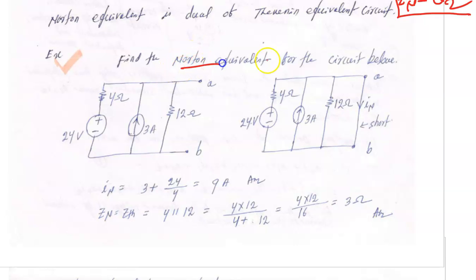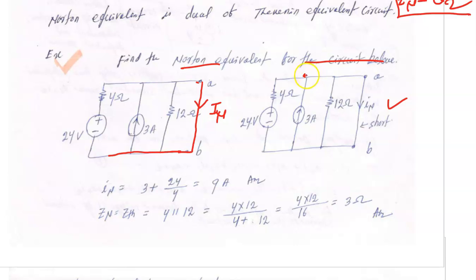Find the Norton equivalent for the circuit below. This is the given circuit. First, find the Norton current: make a short between A and B, with the orientation for this current IN as I have shown in the next figure. Then apply the source transformation and simply do the circuit analysis.